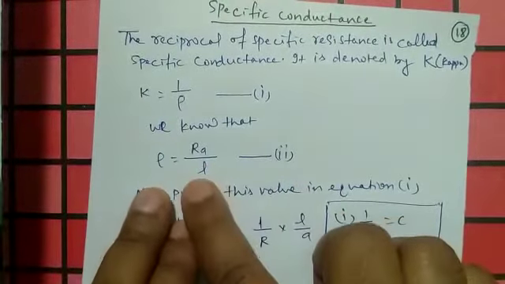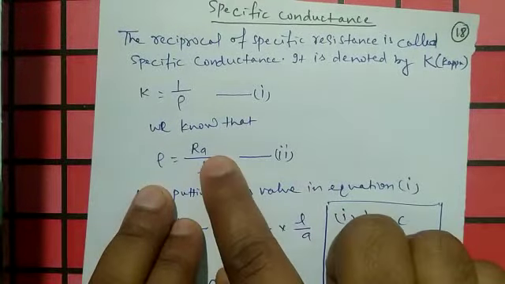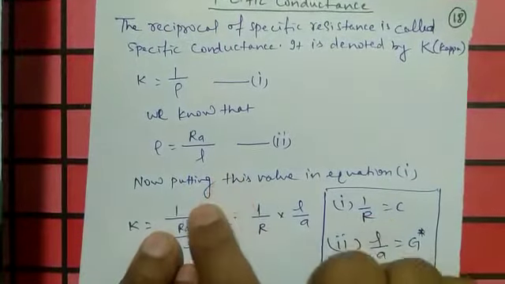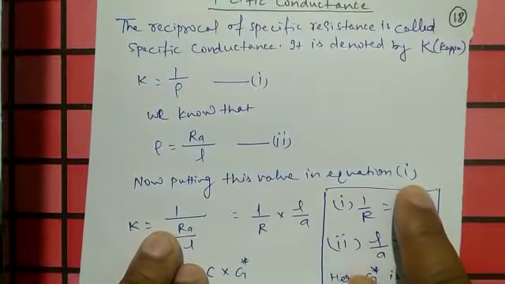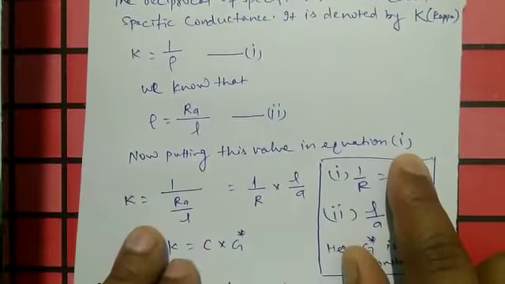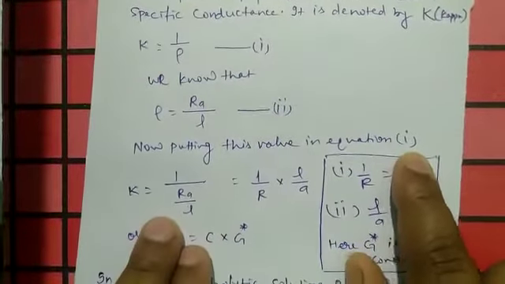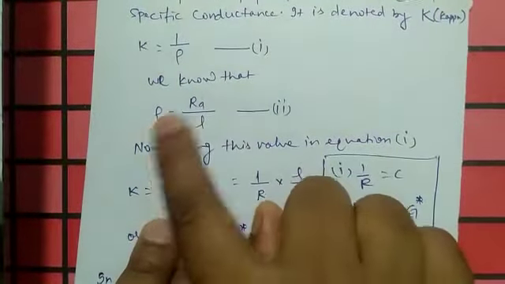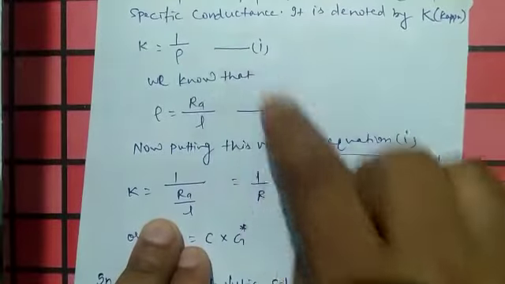We know that rho is equal to R into A by L. Now putting this value in equation 1, we put rho instead of this here.